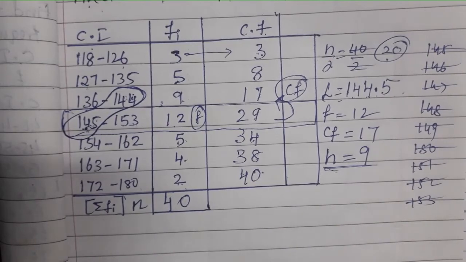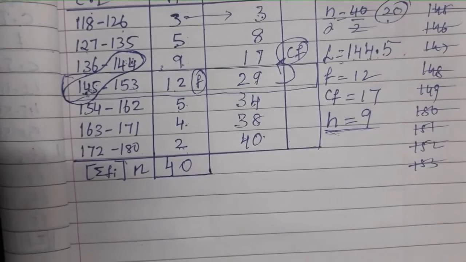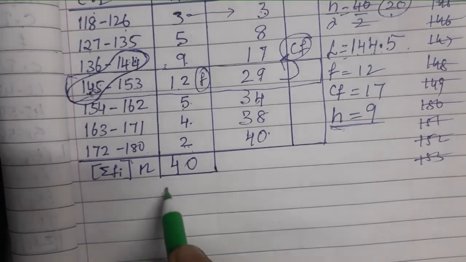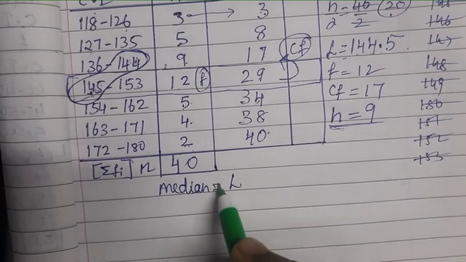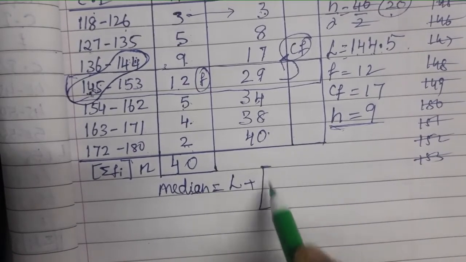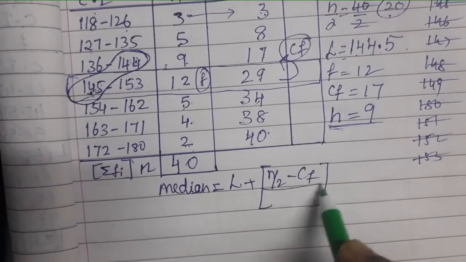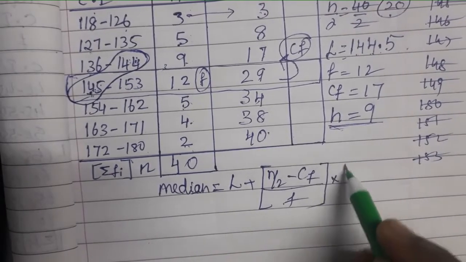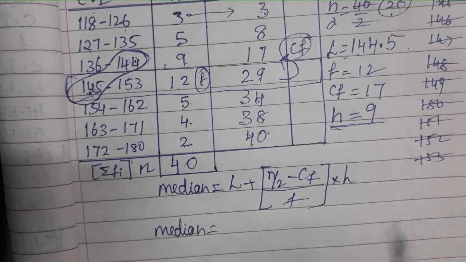This point should be noted in your mind properly. Now we are moving towards the calculation. First you have to write the formula. Median is equal to L plus, formula will not change, n by 2 minus cumulative frequency divided by the original frequency into H. Now substitute one by one. Median is equal to, what is L?